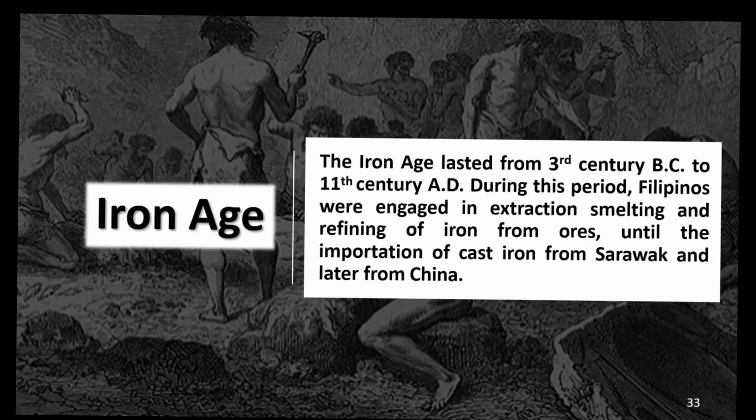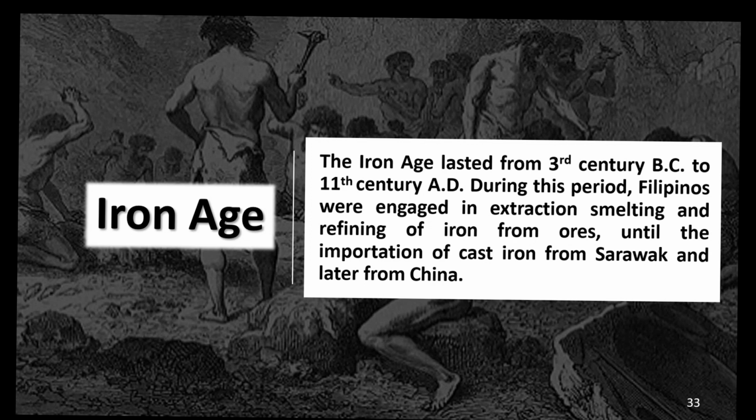During the Iron Age, the Filipinos were engaged in extraction, smelting, and refining of iron from ores until the importation of cast iron from Sarawak and later from China. So that is during the Iron Age.